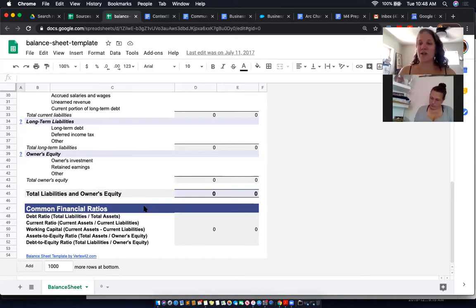And some of these ratios are general business principles, so you can do a little research and get a sense of what's a healthy debt ratio for my type of business. And then you can notice if yours is strongly divergent from that.